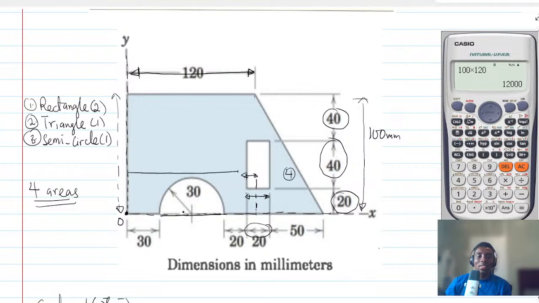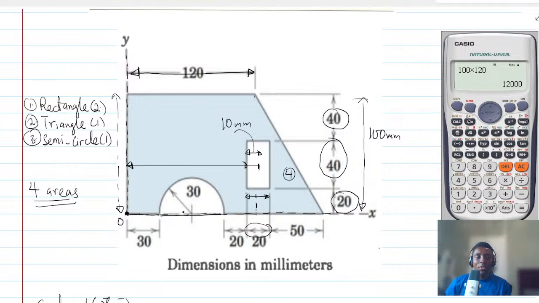So who can tell us the distance from here to here? If you add everything, we are moving along the x direction from the origin, all this way to halfway. Now, half of 20 is 10, so this distance here is 10 millimeters. Now who can tell us the distance?